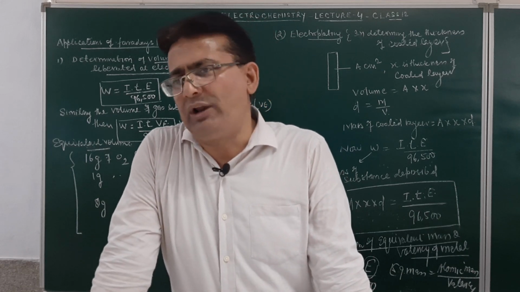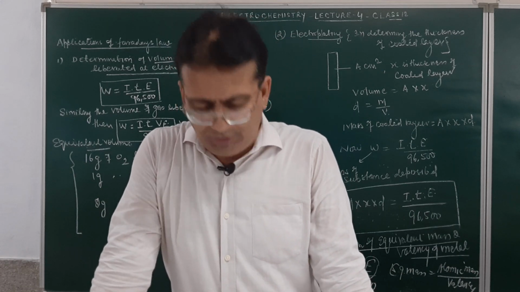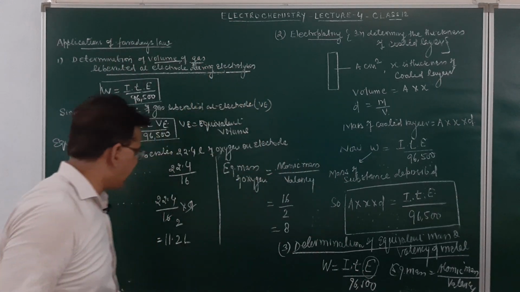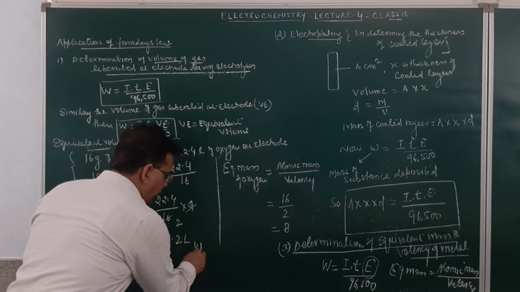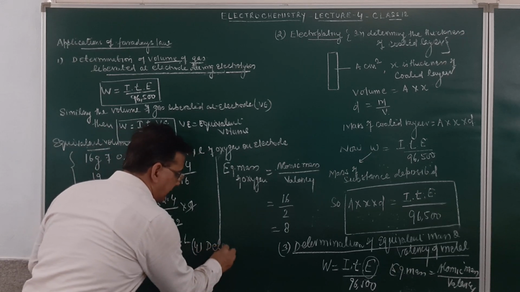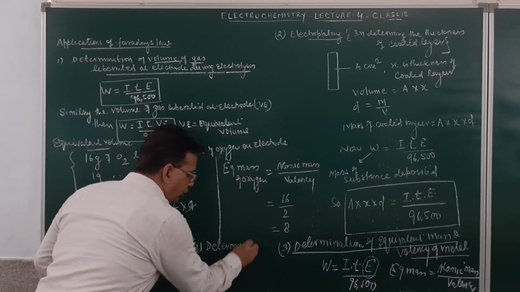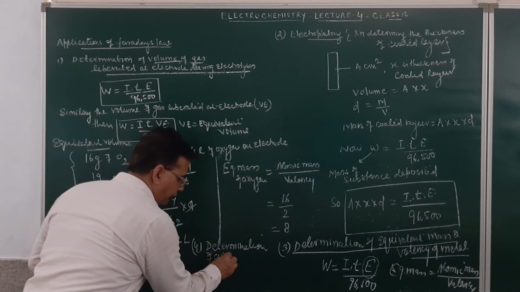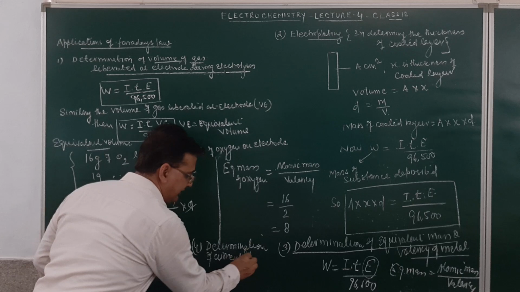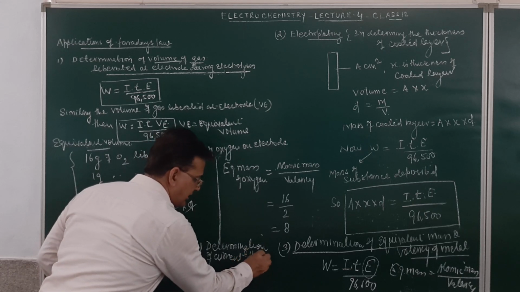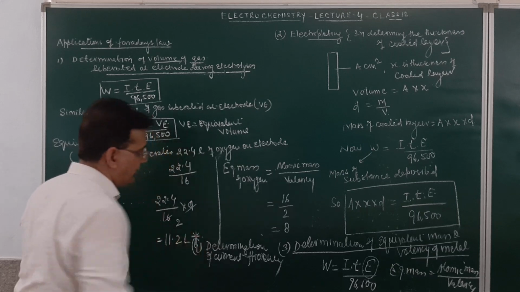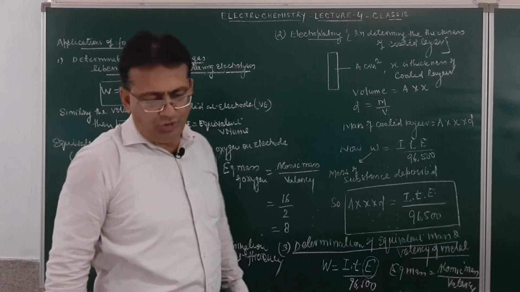There can be one more application which may come to you as a numerical problem, and that is the determination of current efficiency. The fourth application is the determination of current efficiency. Although this numerical problem is never asked in the board examination, you must know the formula.